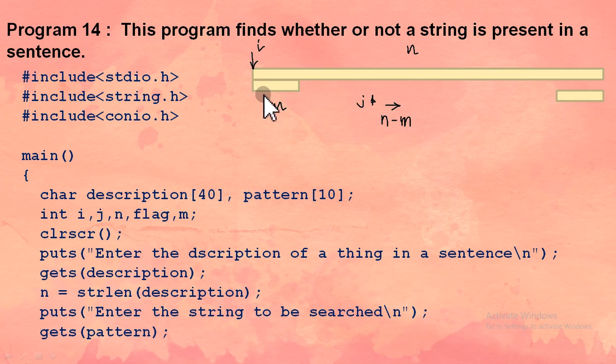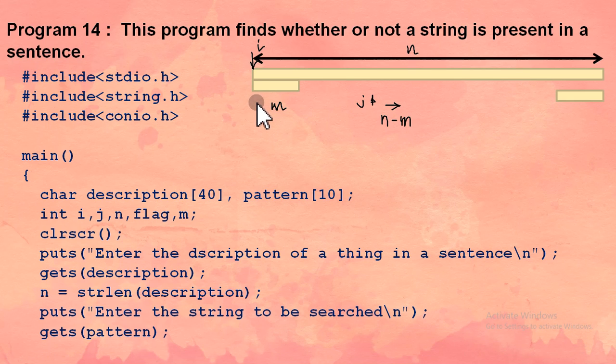So in every iteration, this pattern is aligned with respect to this particular text, and comparison will start from here. Okay, as far as the movement of the comparison is concerned, drawing comparison between the elements of the text and the pattern, over the text there is a probe which moves, which is i, and over this j will move.